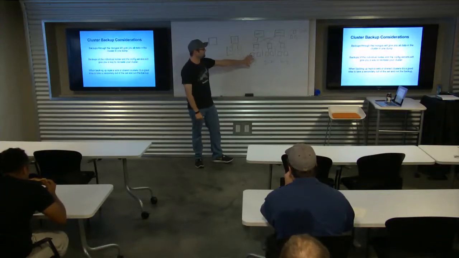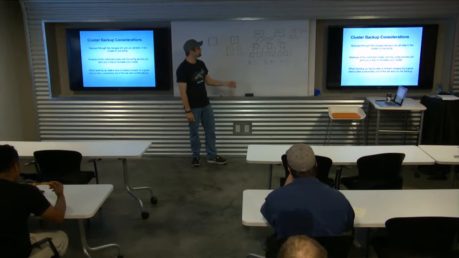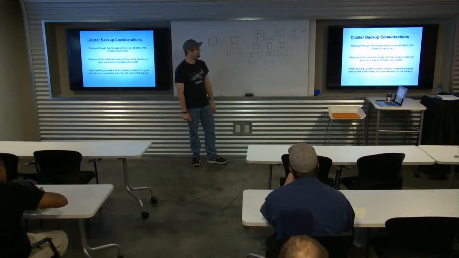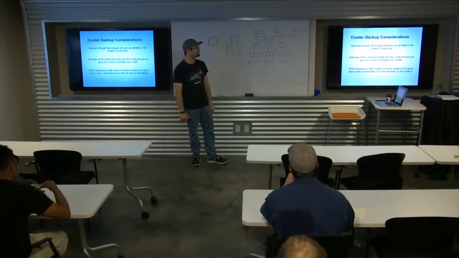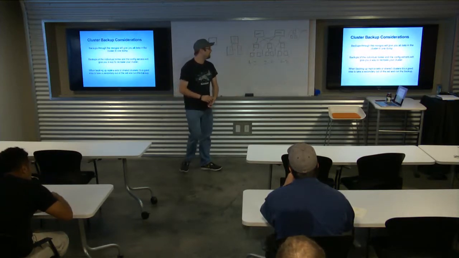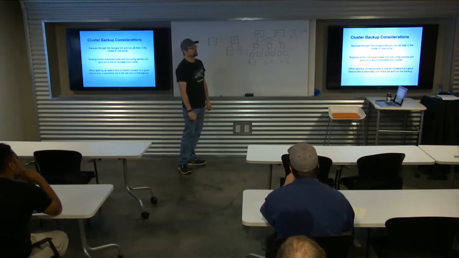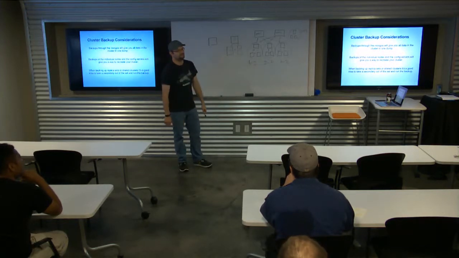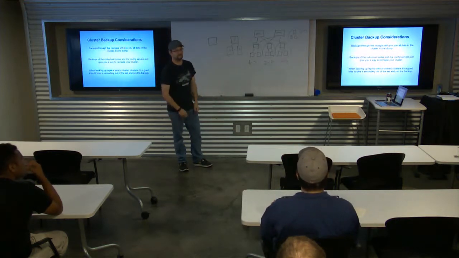Then I can just take all these data files right here that I just copied off and rsync them over to the new servers, and basically brought up Mongo using all of these and brought my cluster right back online. And that was probably the easiest thing that I had to do out of all of the backup scenarios that I had to work with, because it was just a matter of stopping it and rsyncing the data across.